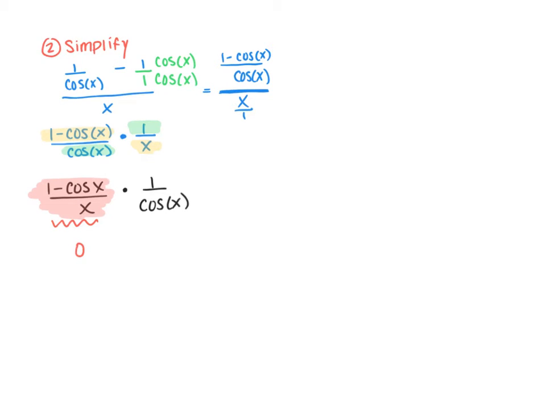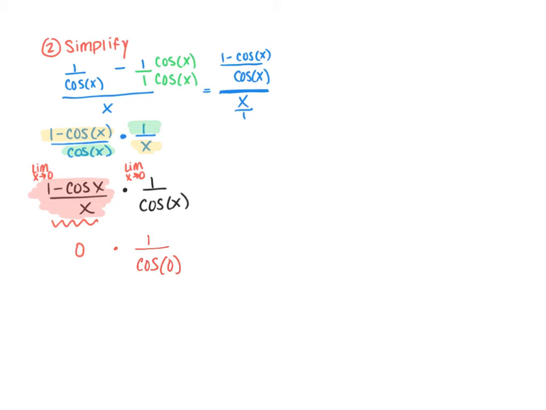So now we're doing those rules where we're taking the limit of each piece. I'm taking this piece as the limit as x approaches 0, and I'm taking this piece, the limit as x approaches 0. This one happens to be a definition: 1 minus cos x over x is 0. And then this one, we're going to directly substitute 0. So 1 over cosine of 0.